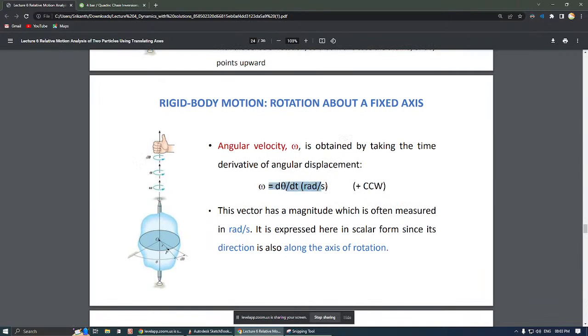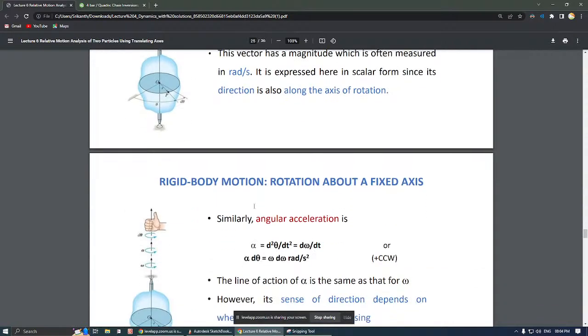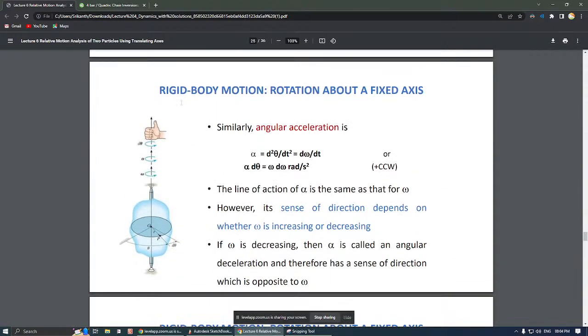That's what is explained. You see, omega is this. Now it is counterclockwise when seen from top. That is taken as plus. Plus means upwards. Same way alpha is like this.